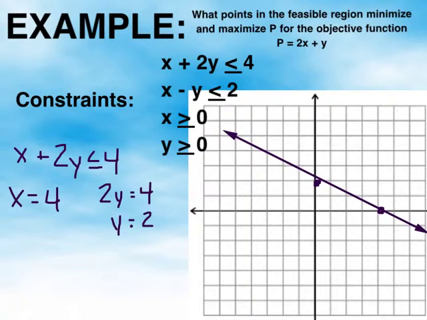And let me make sure it goes through those points. This is why sometimes it's easier just for me to draw it, even though it's not nice. And then it says less than, so we will shade below that line.